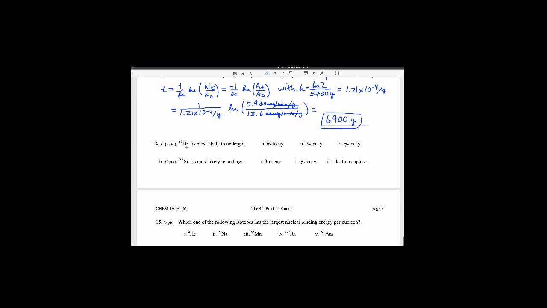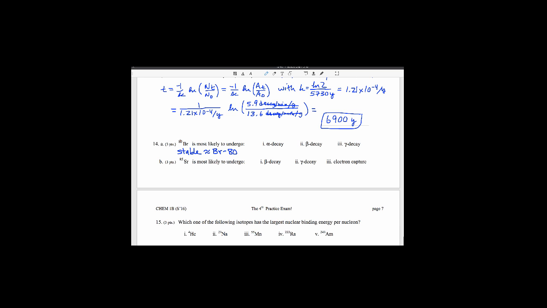Okay, the next question, we have two different isotopes that we are to predict the likely kind of radioactive decay they undergo. First of all, bromine-85. Well, stable bromine, if we look on the periodic table, would probably be roughly bromine-80, because the listed atomic mass, which is the average of all the naturally occurring isotopes, is pretty close to 80, so the most stable isotope has a mass of around 80.